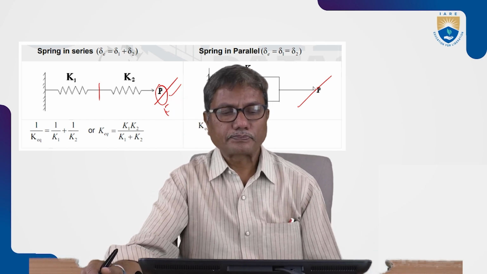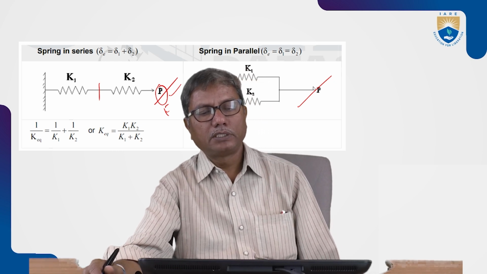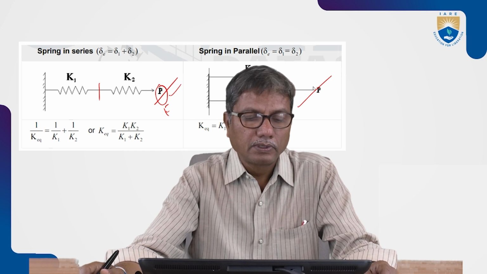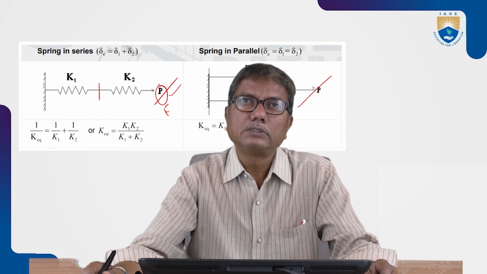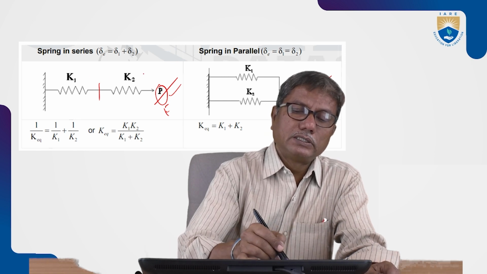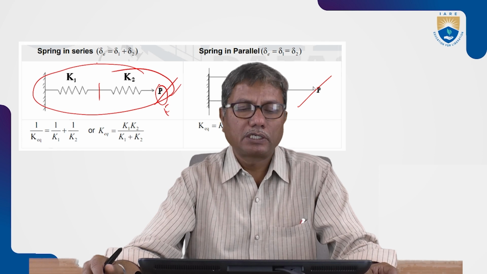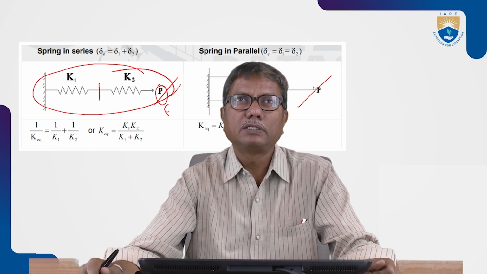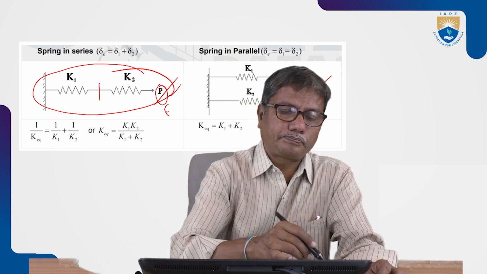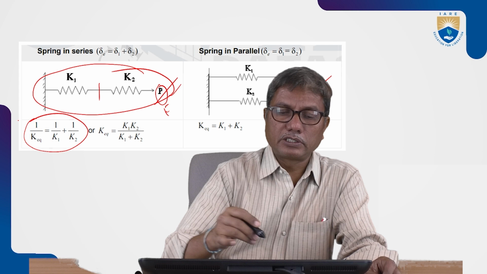So here, let K1, K2 be the stiffnesses of two springs connected in series. Our aim is to find the stiffness of a single spring which can replace the given series of springs such that it satisfies the condition.